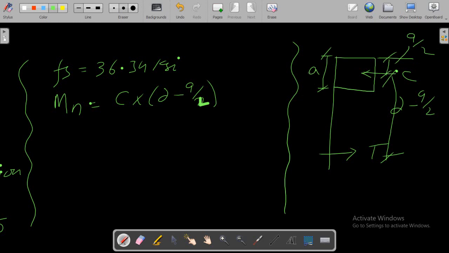So we already calculated a, we can find a over 2, and the total effective depth is this 15 inches, this is d.